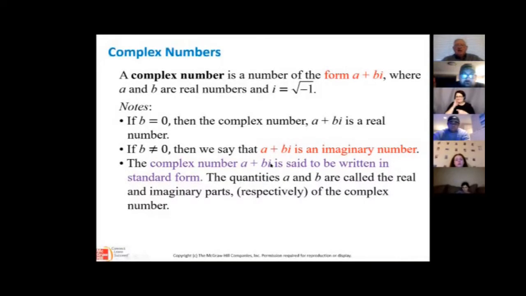This is the standard form. Anytime you give the answer to a complex number from this point forward, you need to give it in this form right here, where you've got some number. Now, this could be a 0, in which case it wouldn't show up. If that's a 0, there's no i, so you don't have to worry about it.